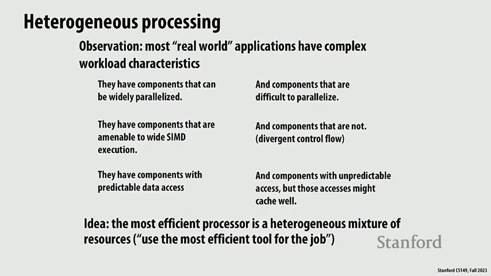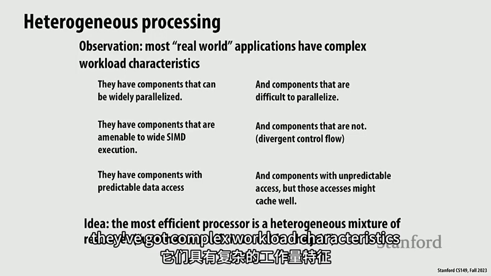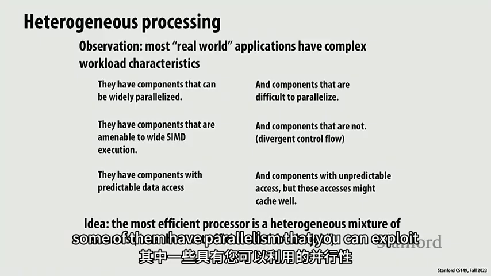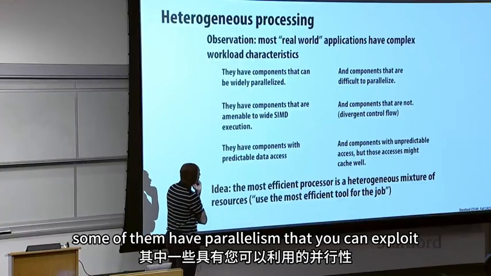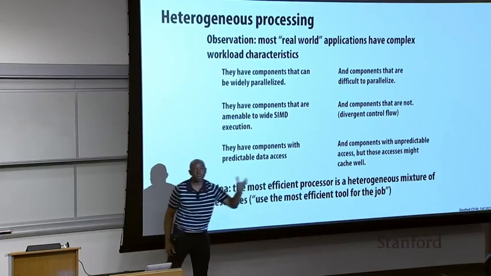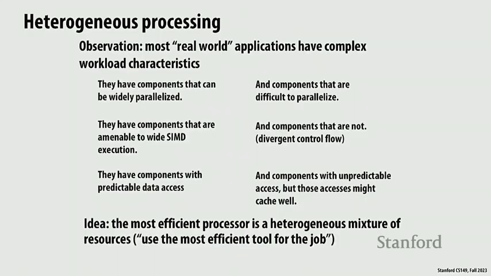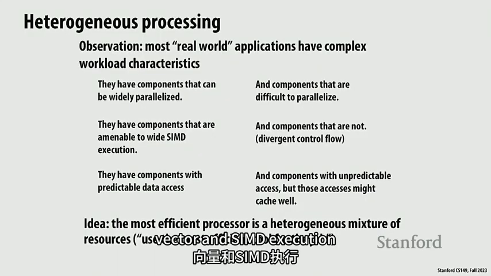So you look across most real-world applications. They've got complex workload characteristics. Some of them have parallelism that you can exploit using multiple threads. Some of them have SIMD parallelism that you can exploit by using vector and SIMD execution.